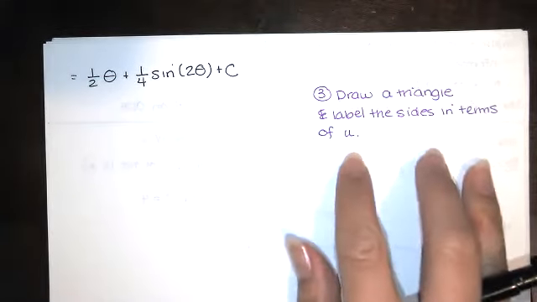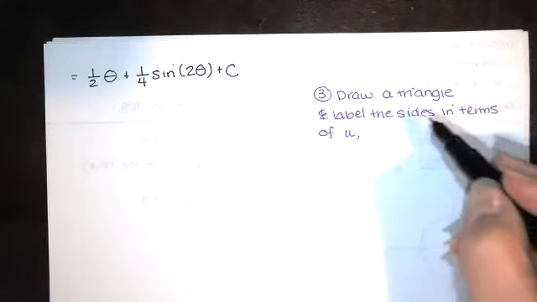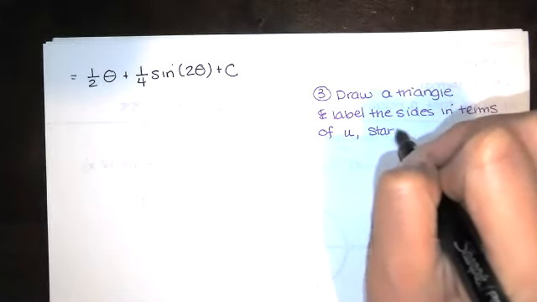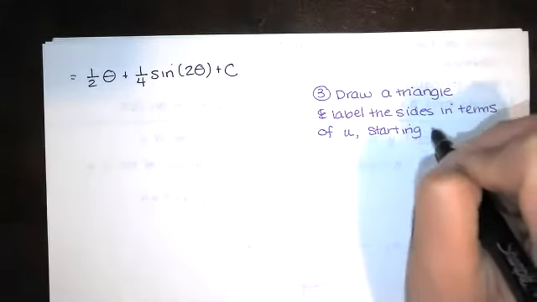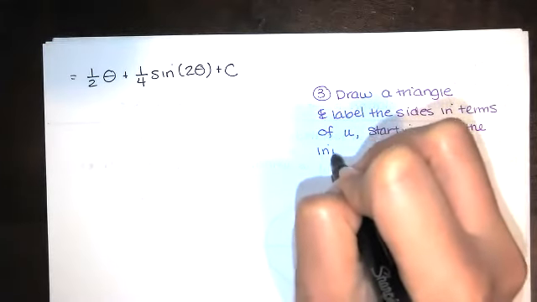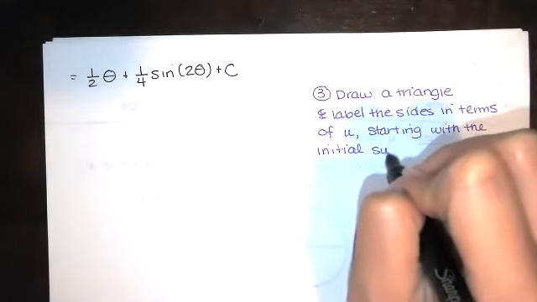And the goal is to be able to write everything here entirely in terms of theta. Now, whenever you draw this triangle and you label the sides in terms of u, you want to start with your initial substitution. That is what's going to help you label those sides.